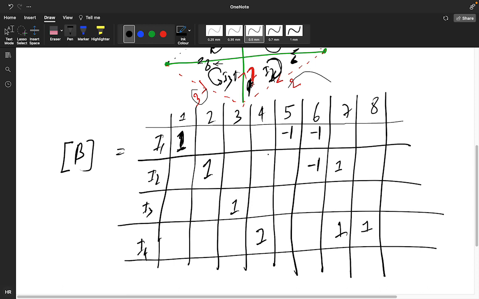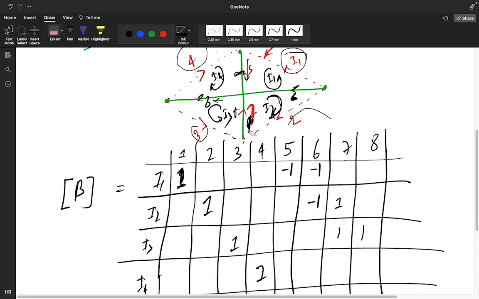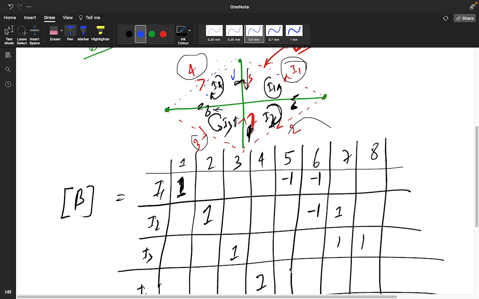So for I3, okay, third was this, and this was the fourth one. So see the fourth one. I4 will be 1 only, and I5. What about I5? Is it supporting or opposing? See the direction. It's opposing. I5 is opposing, so it will be -1. And another, I8, it is supporting.